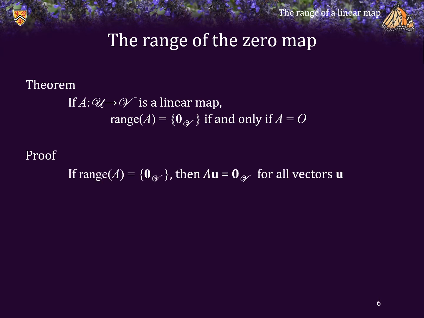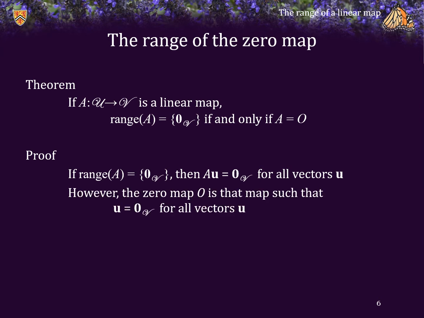If the range of A is just the zero vector, then A applied to every single vector in the domain must be equal to the zero vector, for all vectors u in U. However, the zero map is that map such that the zero map applied to u is equal to the zero vector for all vectors u.